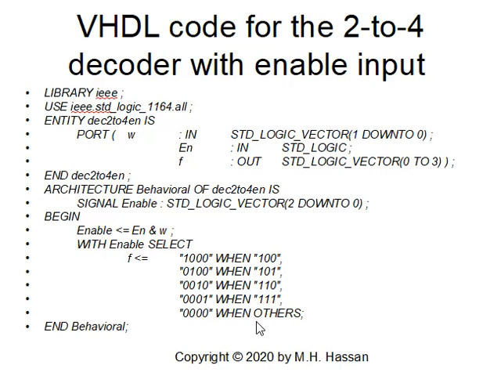Once it is 0, we define this: when others, it means all the possibilities where the enable signal is 0. The enable signal, EN, will be 0XX, in other words. So in behavioral, which is the name of the architecture, this is another code for the 2 to 4 decoder with enable input.